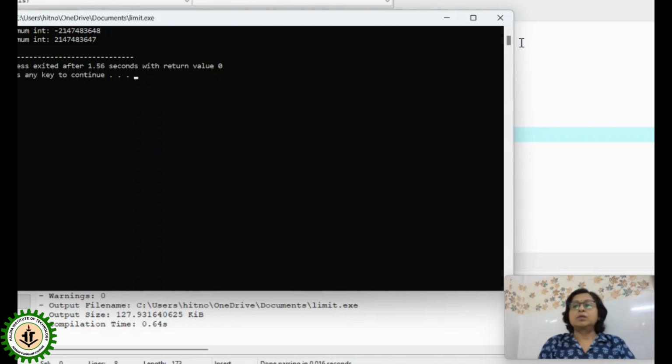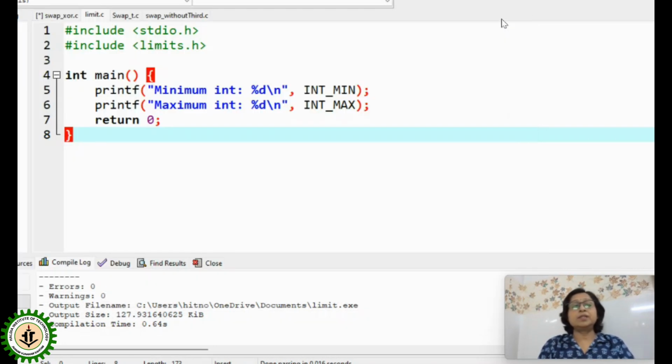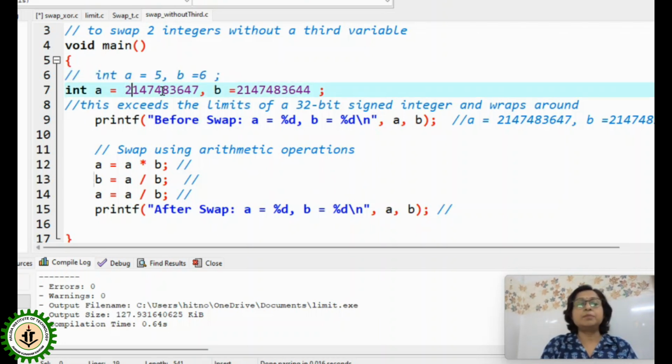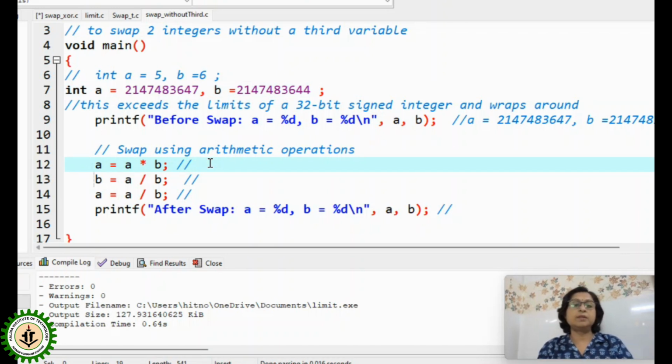Now, okay, fine. You have checked the range. Now let us come back to the problem we were discussing. So with the third variable, this was the case. In this case, what is happening when we are multiplying these two numbers, A multiplied by B?